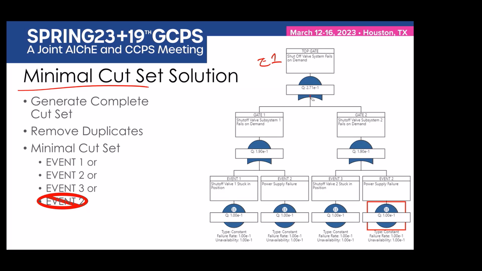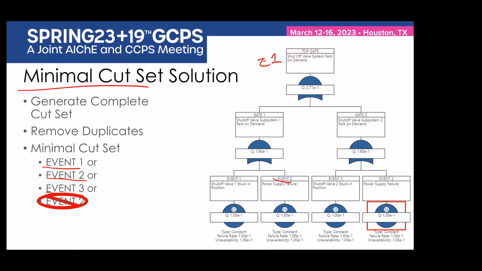So in this very, very simple fault tree, we know that event 1 will make the top event true. Event 2 by itself will make the top event true. Event 3 will make the top event true. And what used to be event 4, that I'm now calling event 2, will also make the top event true. Now, where is the magic? The magic is the fault tree knows that this power supply failure and this power supply failure are the same event. How does it know that?